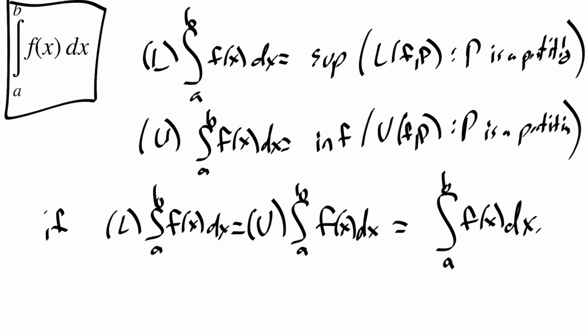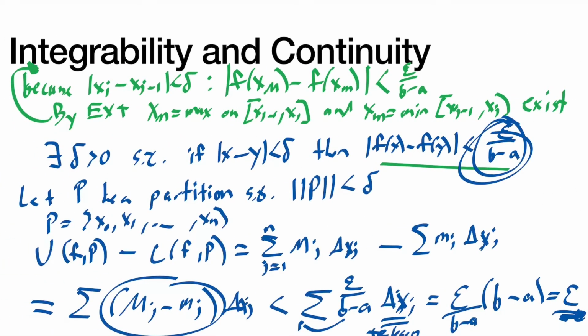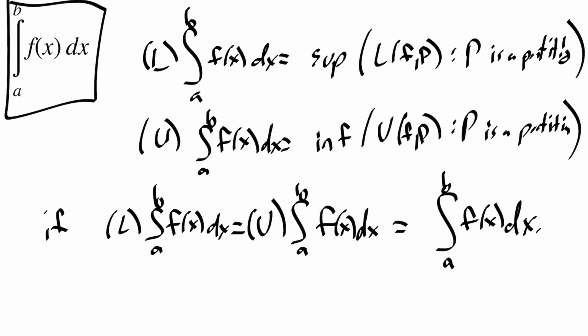We should probably take a moment and convince ourselves that this is actually the same definition of being integrable as what we had a moment ago. And the answer is that it is the same. If the upper sums minus the lower sums can be made less than epsilon, then the sup minus the inf needs to be less than epsilon, so these two have to be the same value.